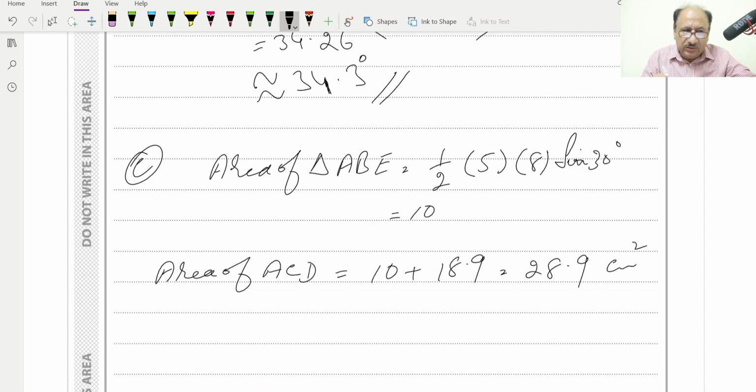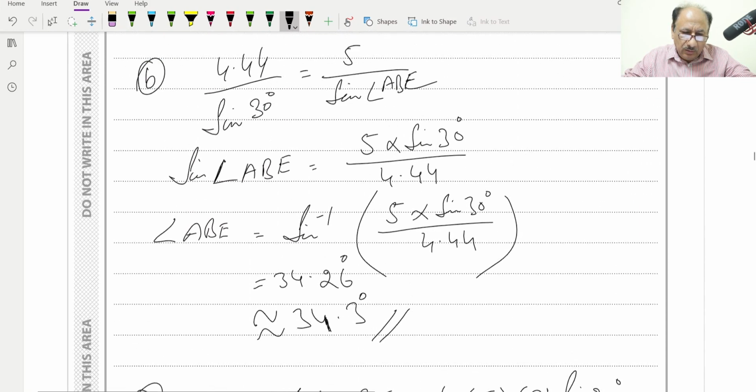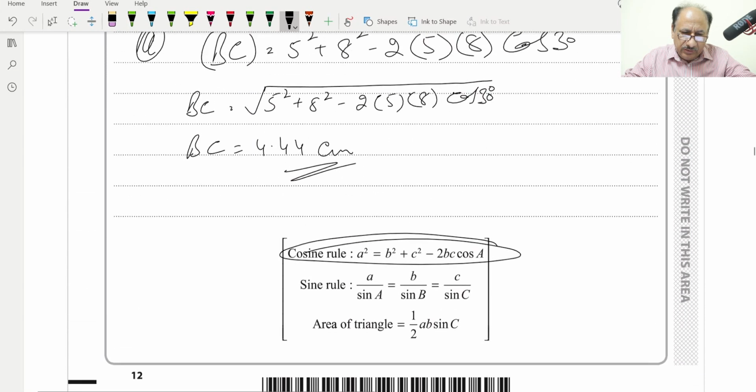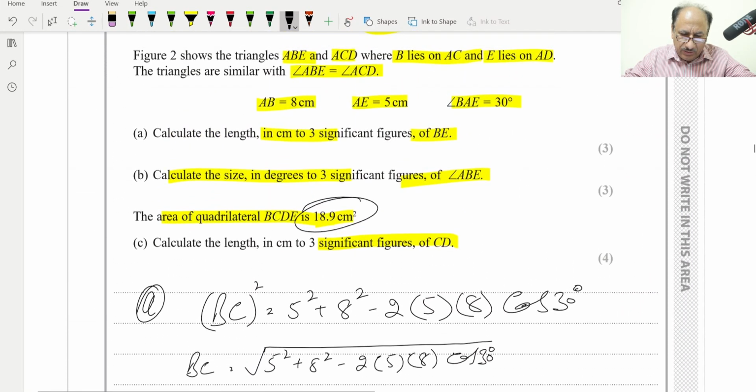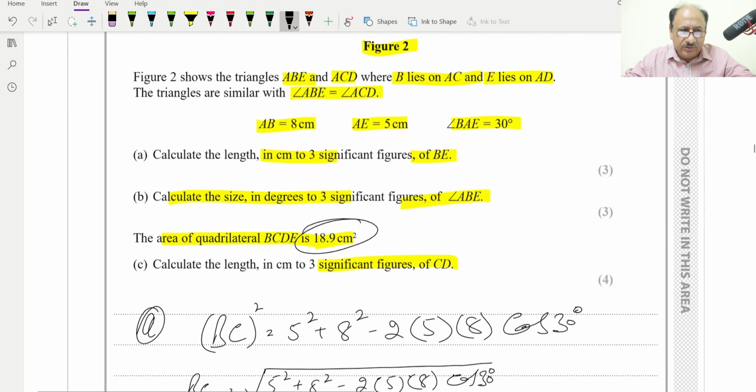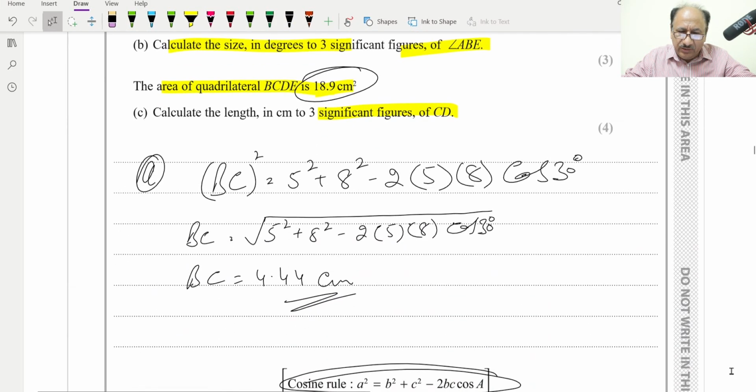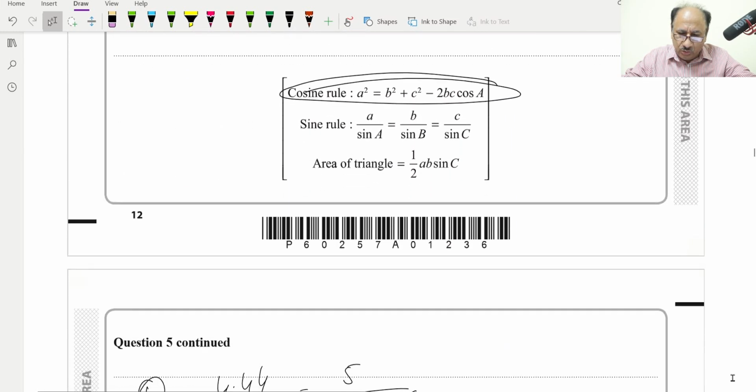Now they are saying calculate the length in centimeters. We can use the area ratio.